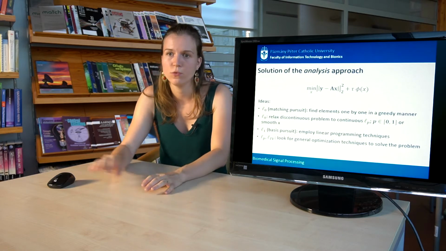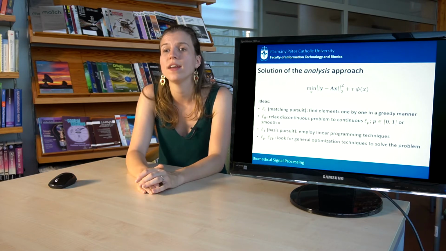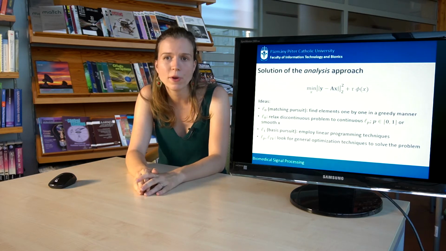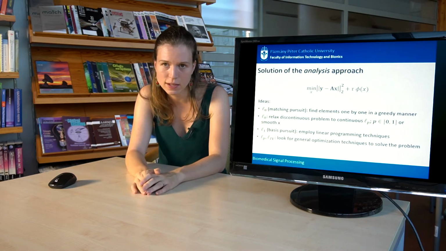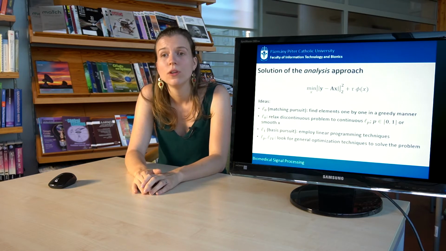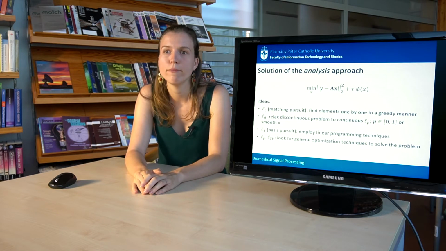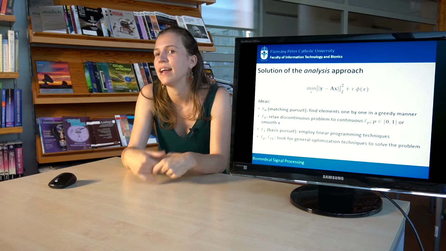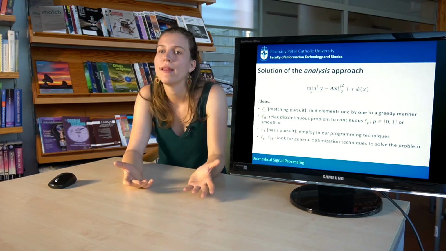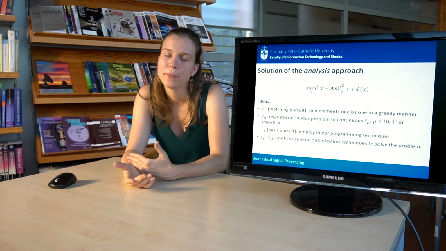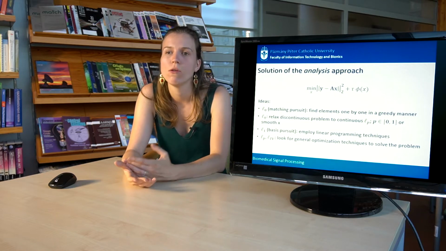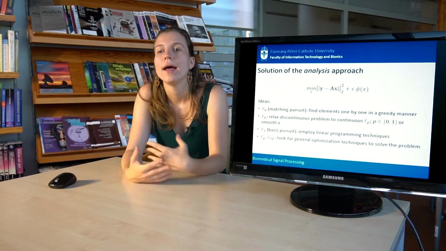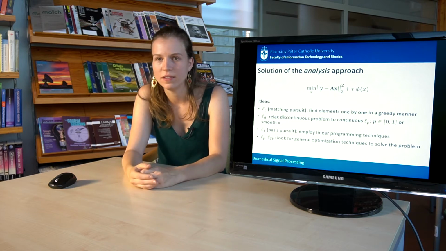There are some methods which I have listed here. The first one is the matching pursuit. This is a greedy method. We will see it in detail. Then what you could also do, which I have already mentioned, is that when you have the L0 norm, you relax it to a higher order problem. So instead of L0, you solve an L1 problem, and then it will make your life a lot easier.